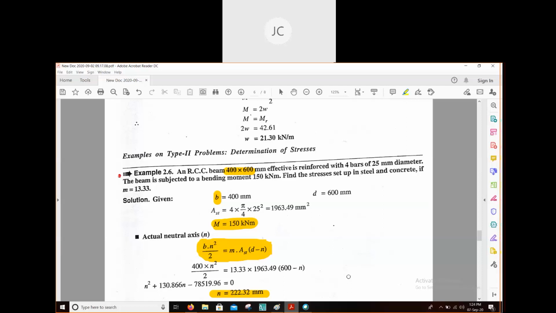Is splitting the middle term done to get the value of n? I didn't get your question. What are you trying to ask me? From the n square plus 13.130.86 equation, how do we get the value of n?